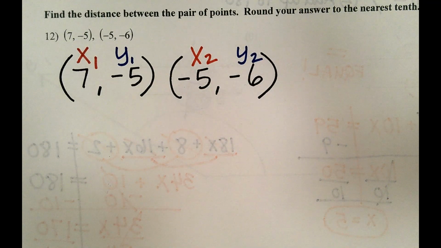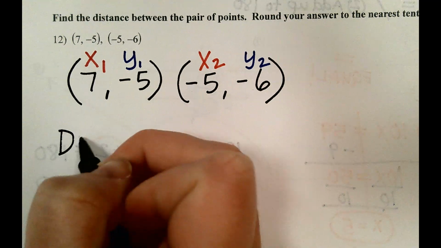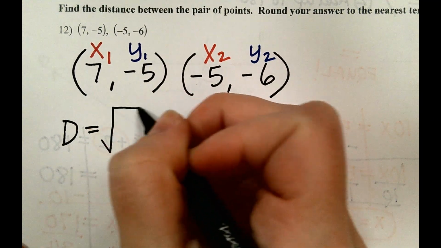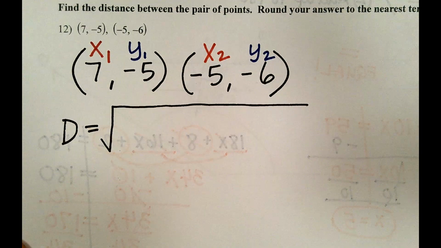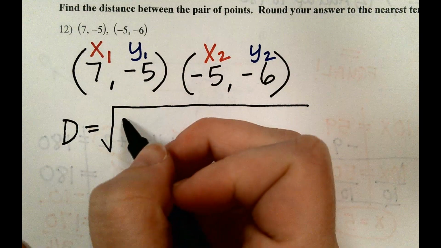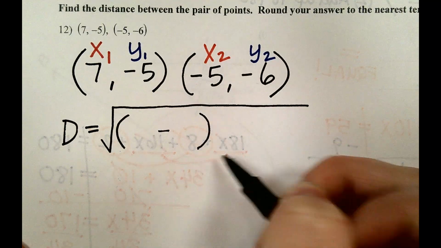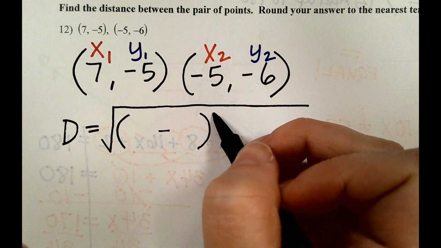Now, we have our points labeled. All that's left to do is plug them into the formula. So, the distance formula. Start with our big square root. And I know I'm going to subtract 2 numbers in parentheses and square them.